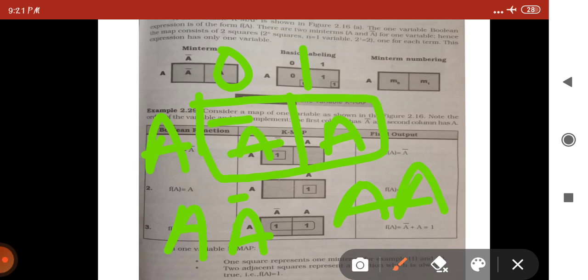A bar is 0 here, and 1 comes here. This is the expression we have to do by the Karnaugh K-map.